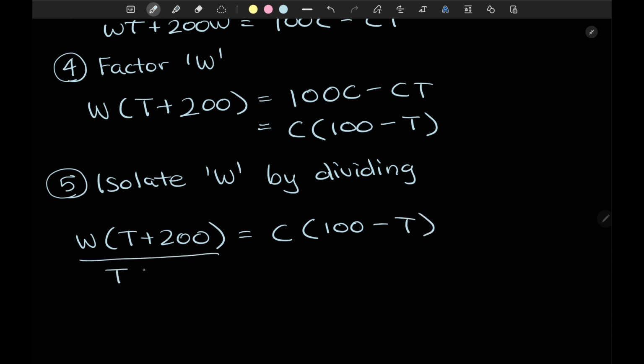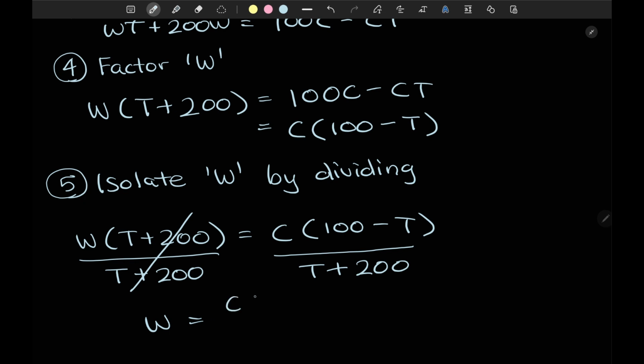Divide both sides by t plus 200. This cancels out over here, and we're just left with w equals this portion right here: c times 100 minus t over t plus 200. And that's our final answer.